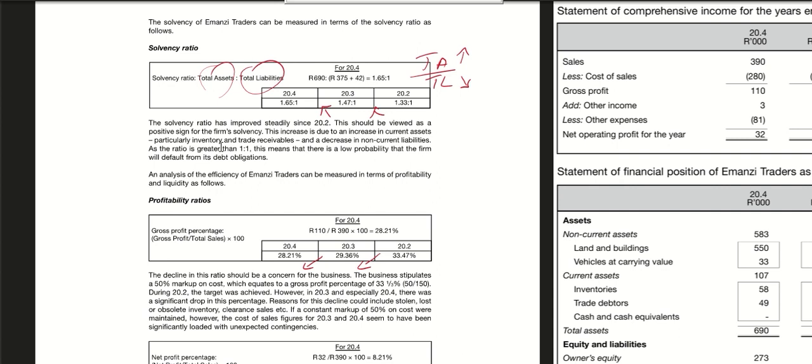Then you can see the trend, and this is what it's all about. They want you to see the trend. From 2022 to 2023 and to 2024 it seems to be rising, which is good news. It makes our company more solvent.